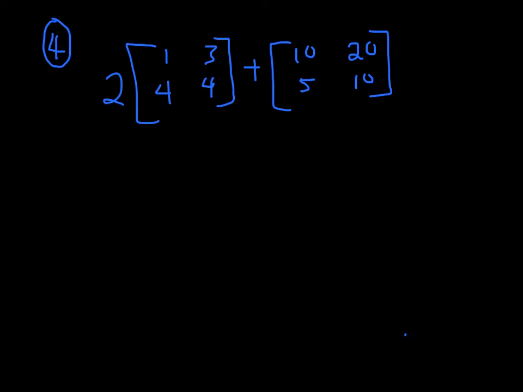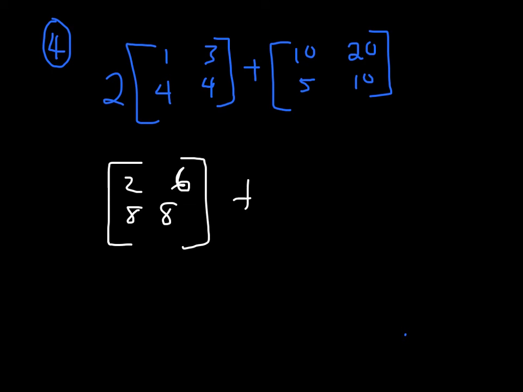Alright, number 4, you're actually going to do two operations. The first part here, you'll see this 2 is being multiplied by that matrix, and then we're going to add this one. We're going to multiply first because, think order of operations, you multiply before you add. Okay, so 2 times all of that will give us the matrix 2, 6, 8, 8.